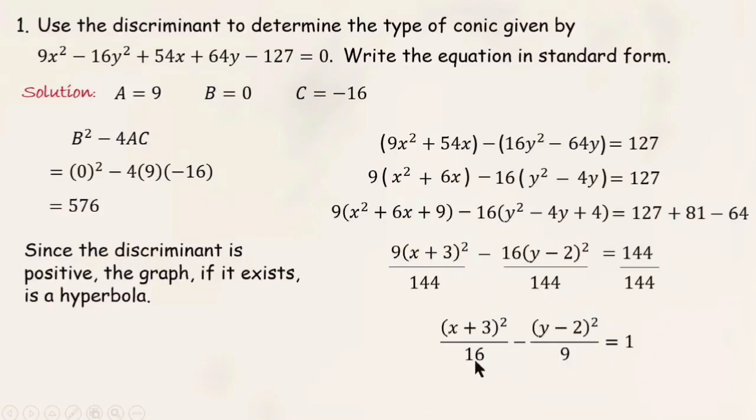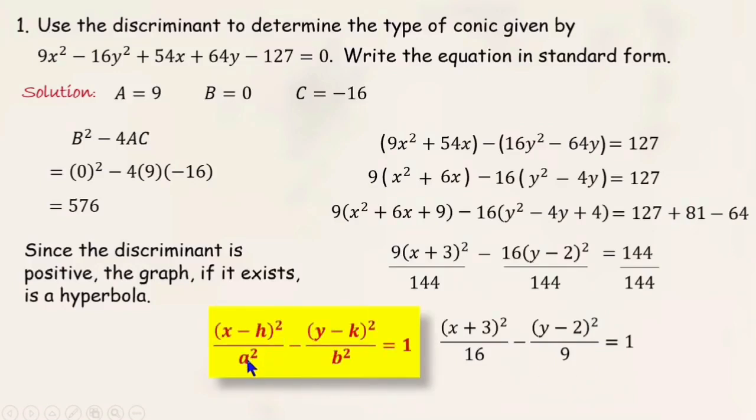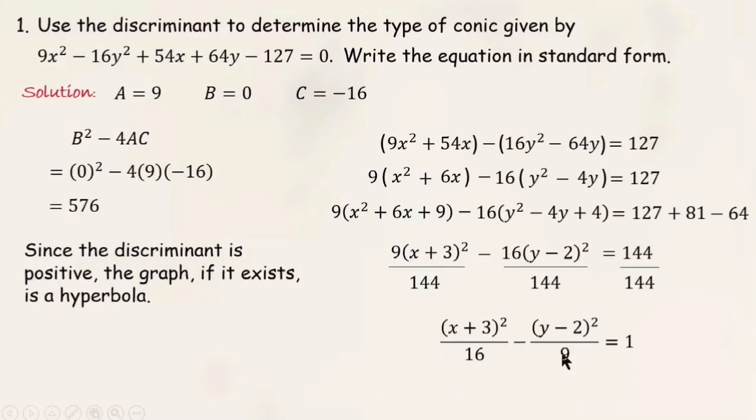The resulting equation is of the form x minus h quantity squared over a squared minus y minus k quantity squared over b squared equals 1, which is a hyperbola with vertex at negative 3, 2. Indeed, the equation 9x squared minus 16y squared plus 54x plus 64y minus 127 equals 0 is a hyperbola.